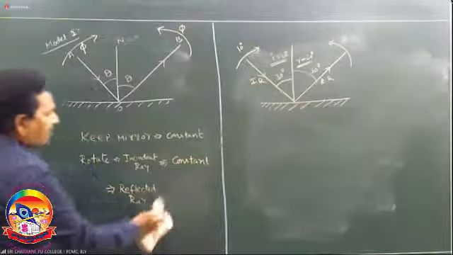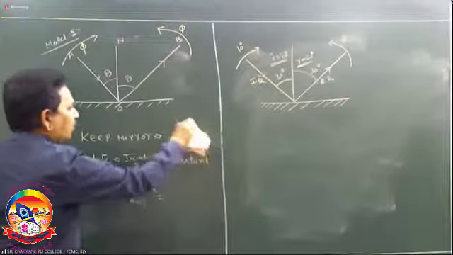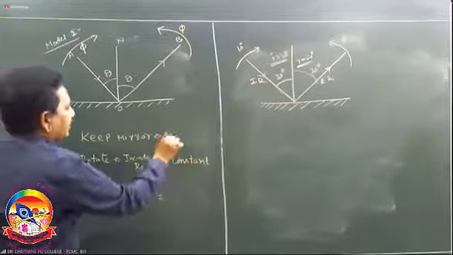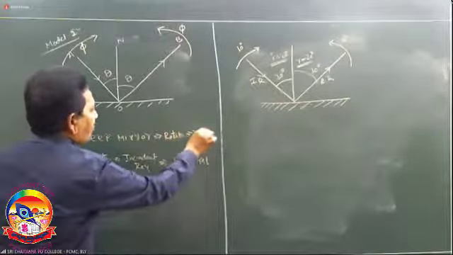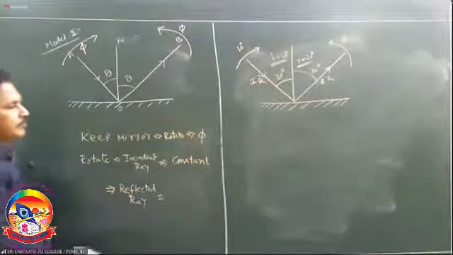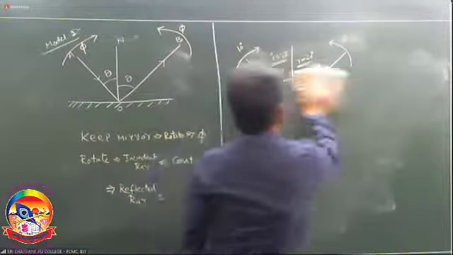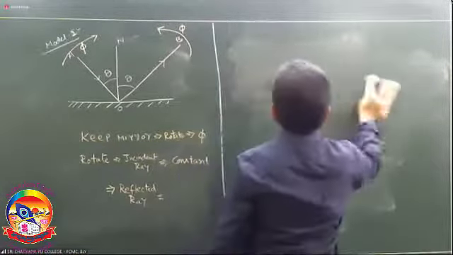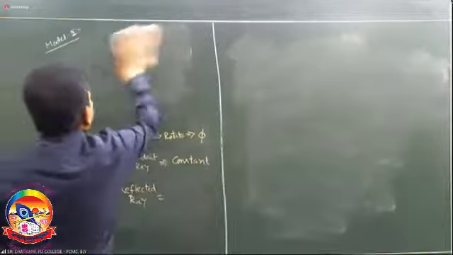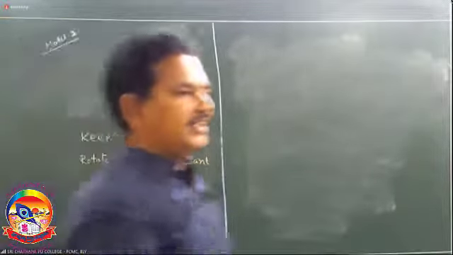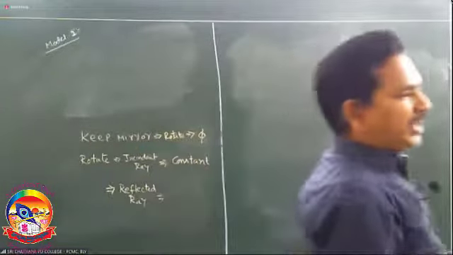The incident ray is kept constant and the mirror is rotated by phi. The mirror is rotated, opposite to the previous concept. In the previous concept, what did we do? We kept the mirror constant, the incident ray was rotated, and the reflected ray was calculated.